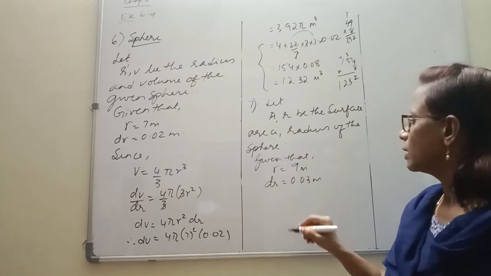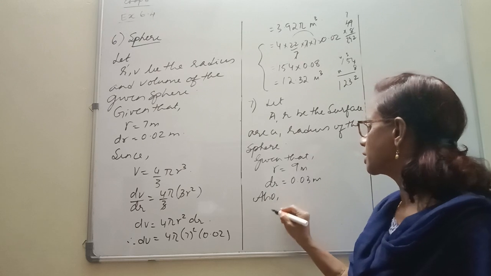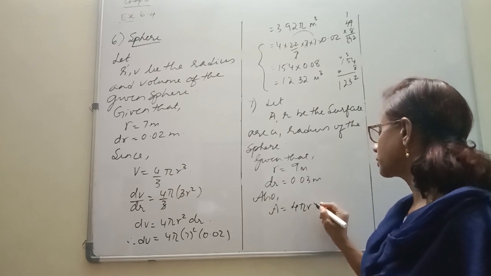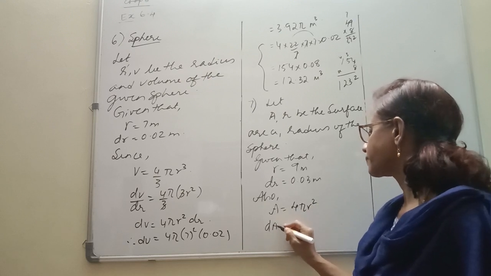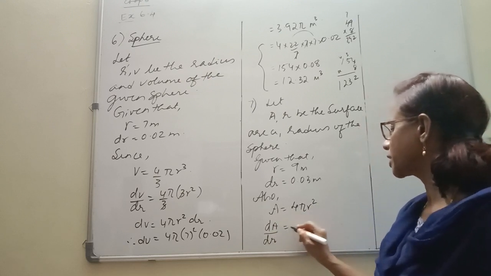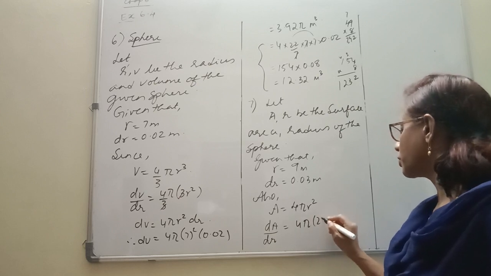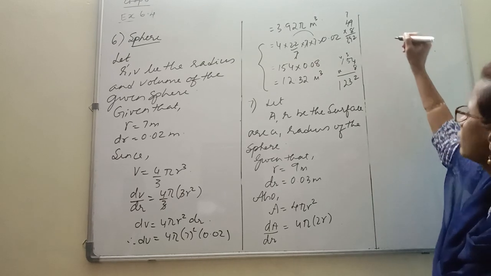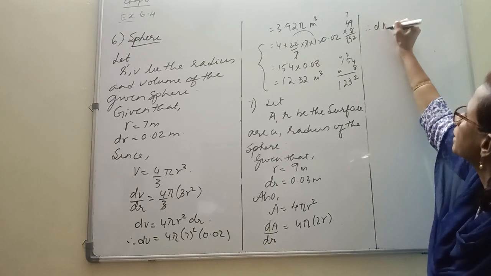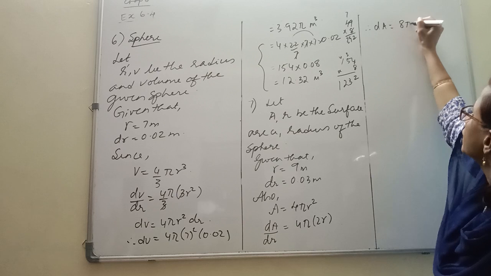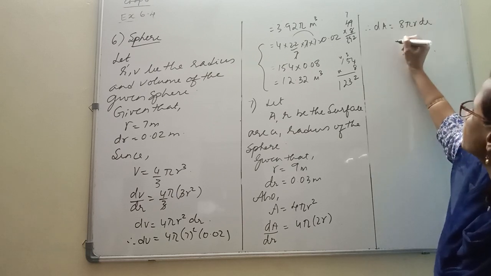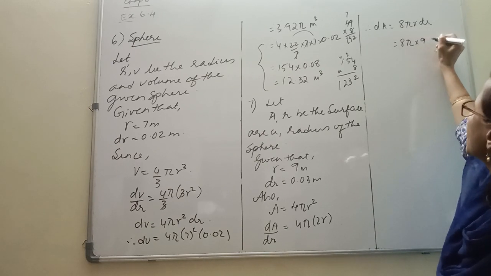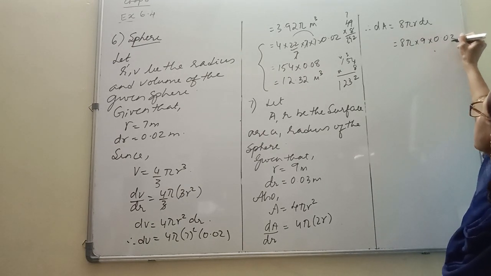Also, you know the formula that surface area for a sphere is always 4 pi r square. Derivative with respect to r: 4 pi, and the derivative of r squared is 2r. So now all this is there with us. dA becomes 8 pi r dr. All the values are there with us. Pi as it is, r for us is 9 and the error is 0.03.